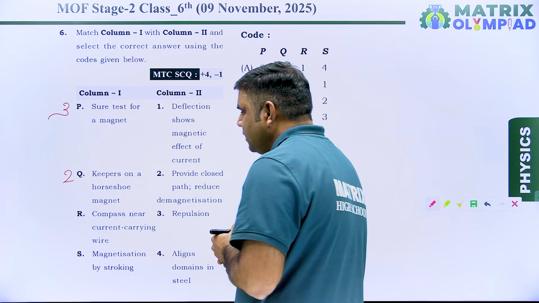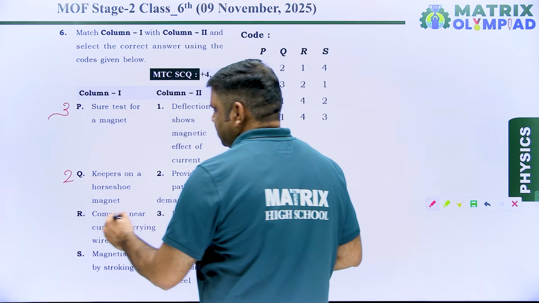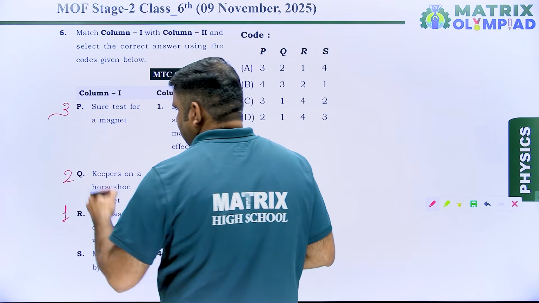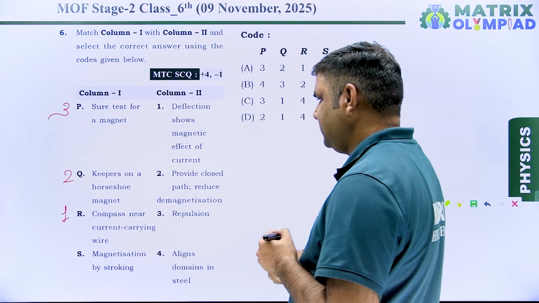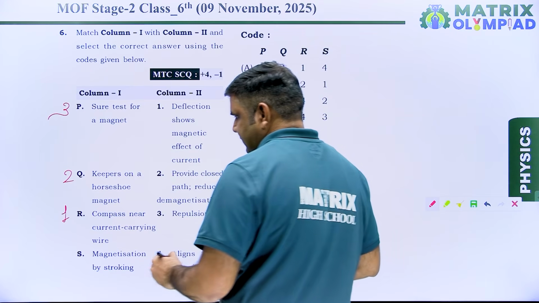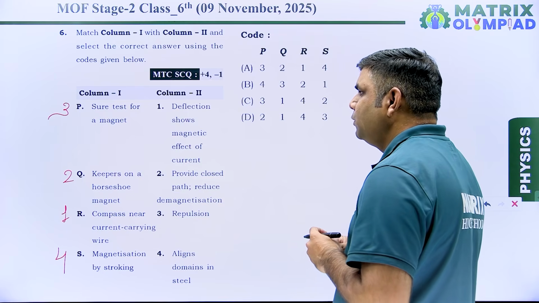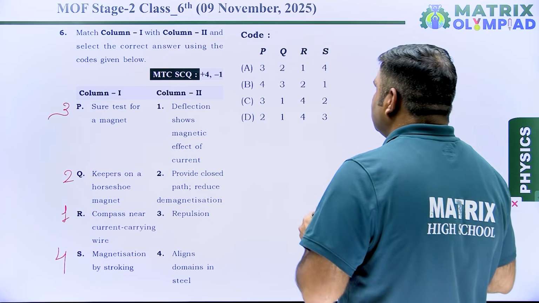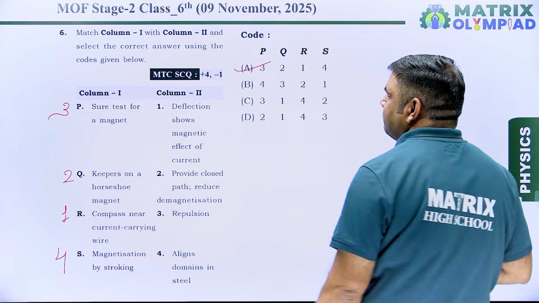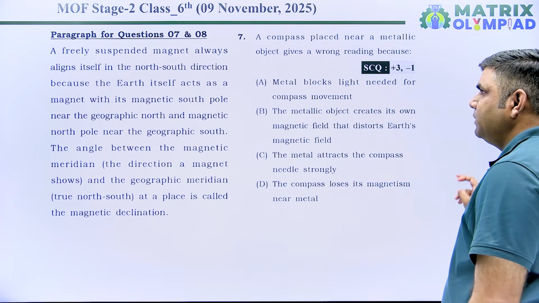So Q is 2. Compass near a current carrying wire shows deflection. So R is matched with 1. Magnetism by stroking aligns domains in steel. So we have the correct sequence 3, 2, 1, 4. So our correct answer will be option A for question number 6. Let's move to the next question.